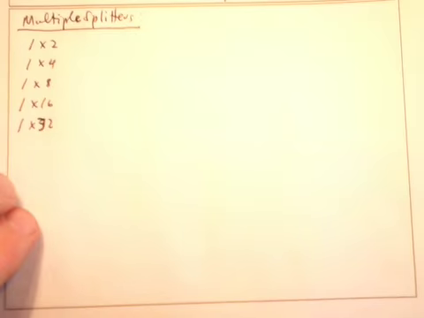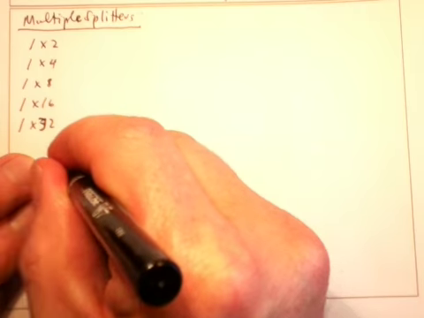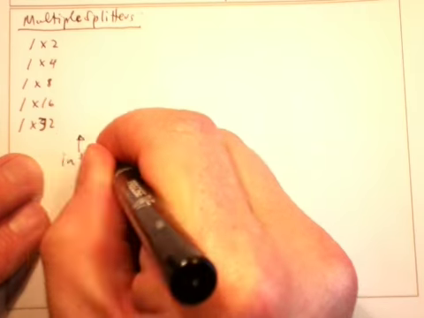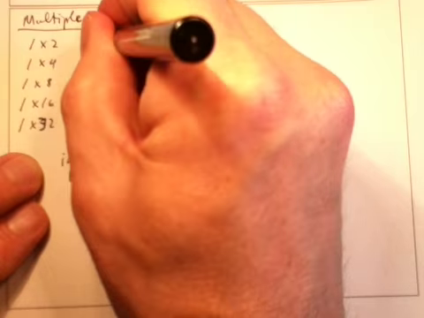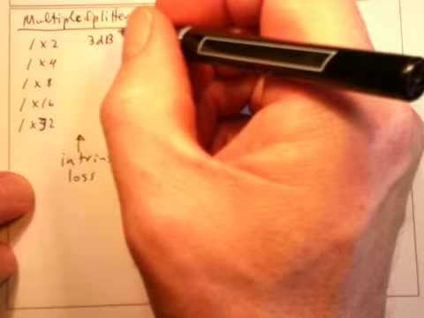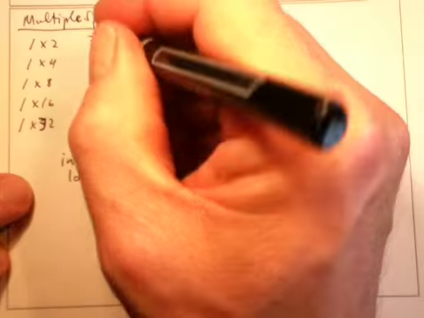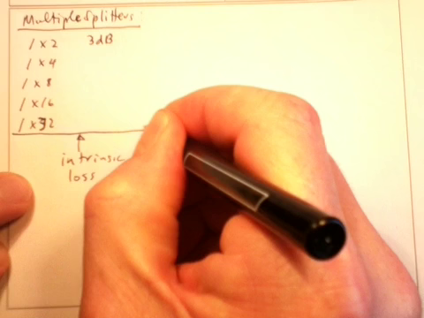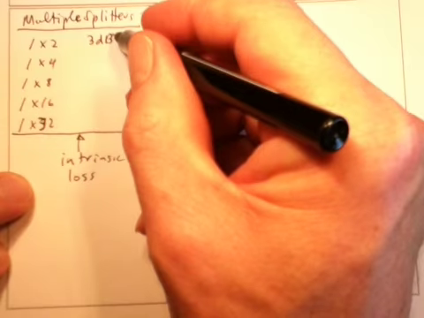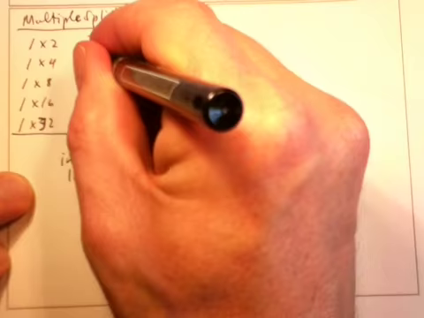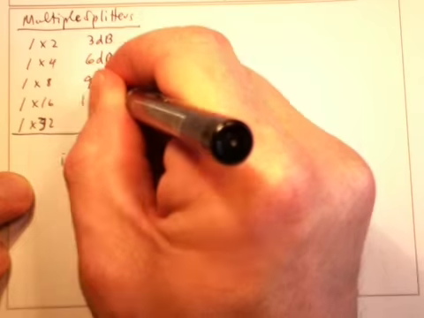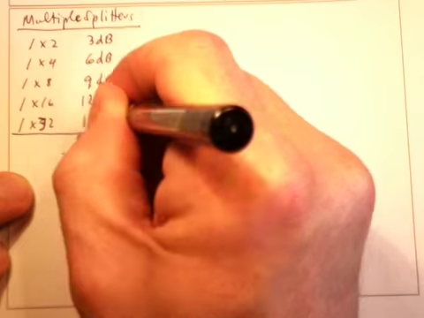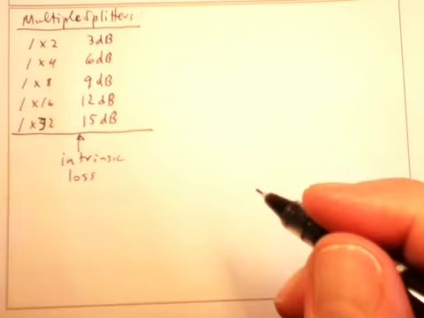The intrinsic loss is 3 dB per split. So the output is 3 dB down when you have a 1x2. It's 6 dB down when you have a 1x4, 9 dB, 12 dB, and 15 dB. Those are the intrinsic loss values.